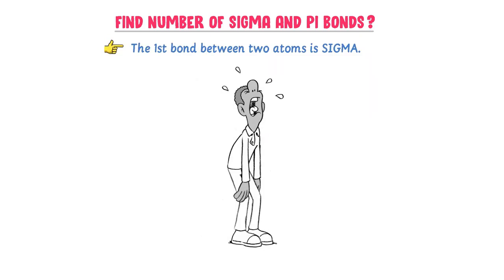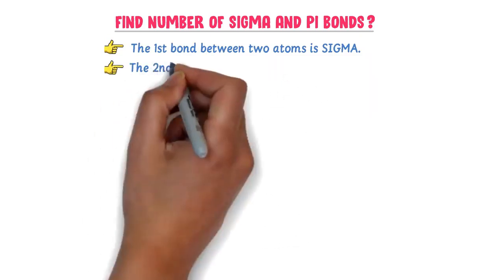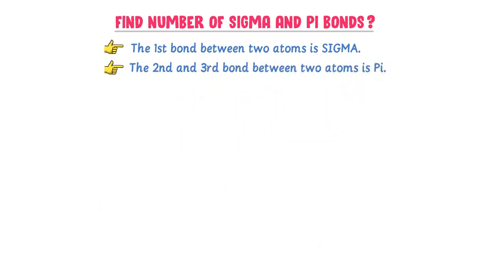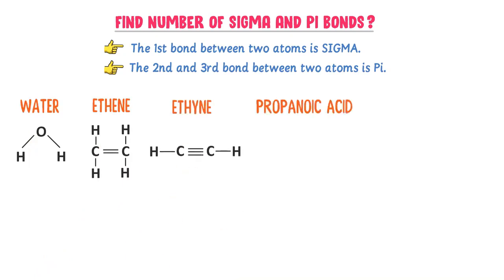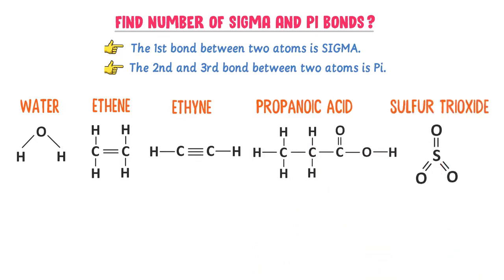It is impossible that the first bond between any two atoms would be pi. The second and third bonds between them will be pi. For example, find the number of sigma and pi bonds in water H2O, ethene C2H4, ethyne C2H2, propanoic acid C3H5OH and sulfur trioxide SO3.